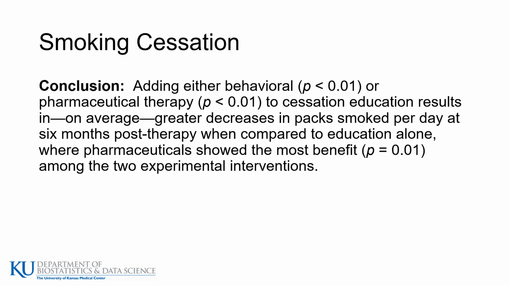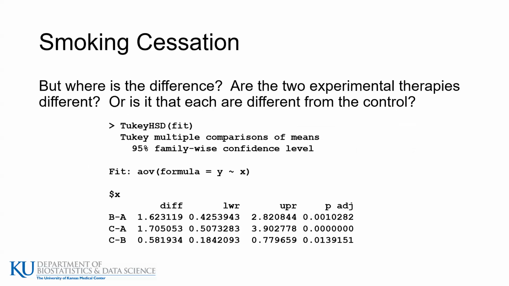And we can also conclude that pharmaceutical therapy showed the most benefit among the two experimental interventions. This is because the values of these differences are positive for these two differences and this difference.